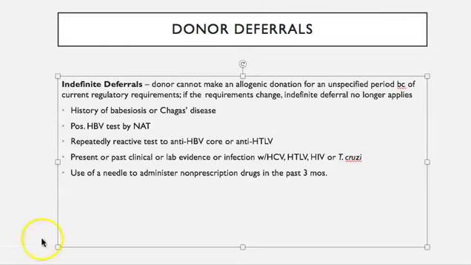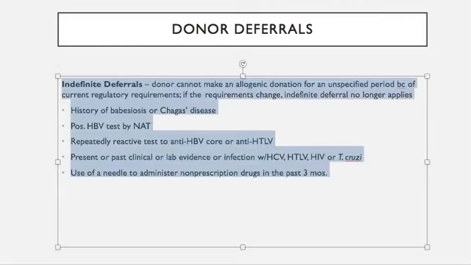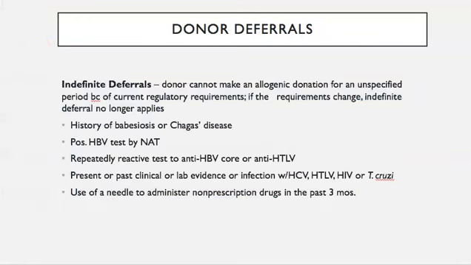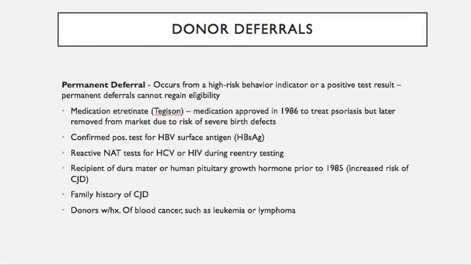Some conditions that could lead to an indefinite deferral would be a history of babesiosis or Chagas disease, positive HBV test by NAT, repeatedly reactive tests to anti-HBV core or anti-HTLV, and a present or past clinical or lab evidence of infection with HCV, HTLV, HIV, or Trypanosoma cruzi, and then use of a needle to administer non-prescription drugs in the past 3 months.